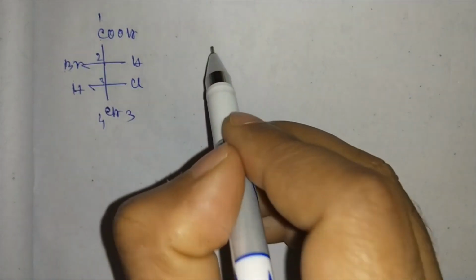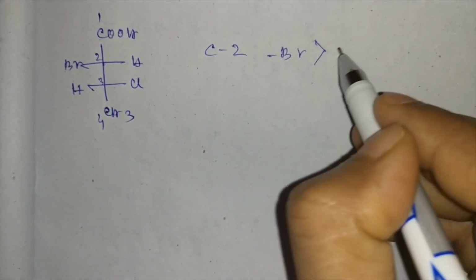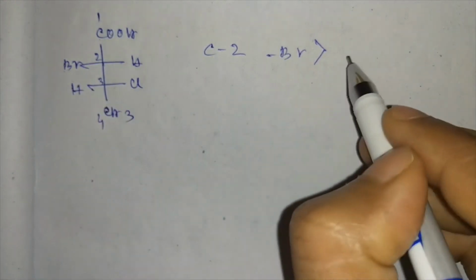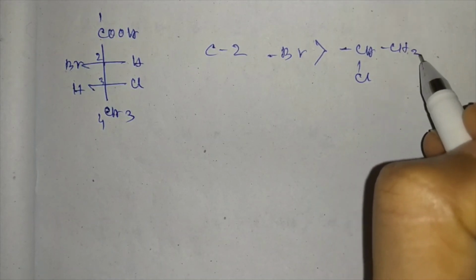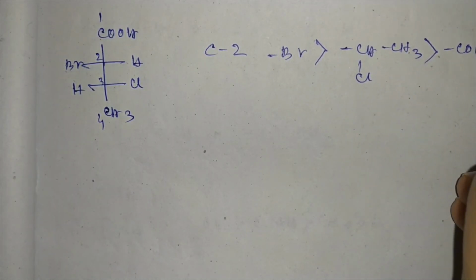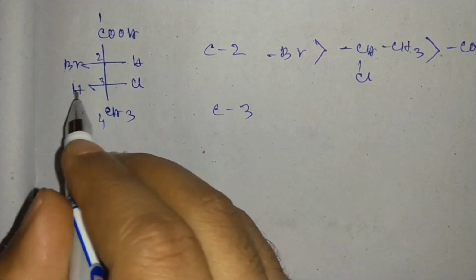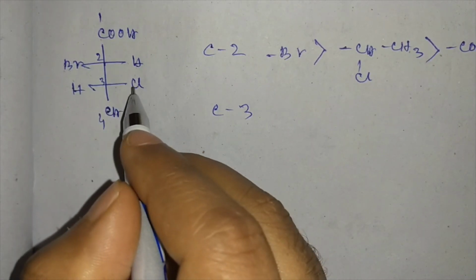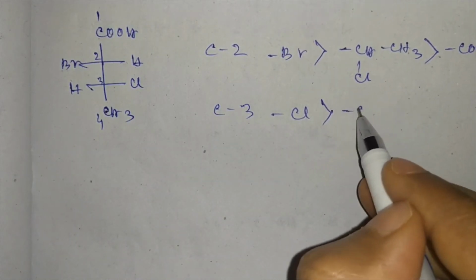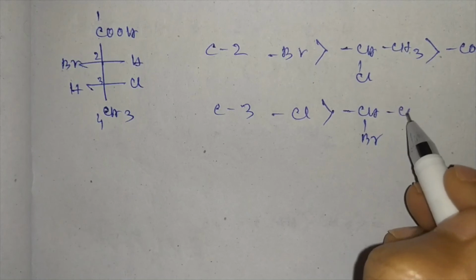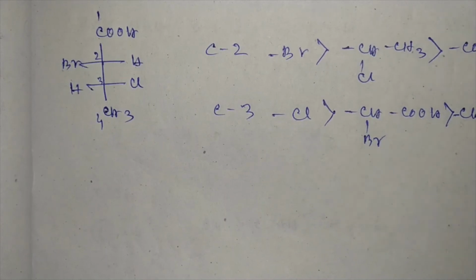And now for C2, the priority sequence will be Br greater than this group CH, Cl, CH3, greater than COOH greater than H, while in C3 the sequence will be Cl greater than CH, Br, COOH greater than CH3 greater than H.